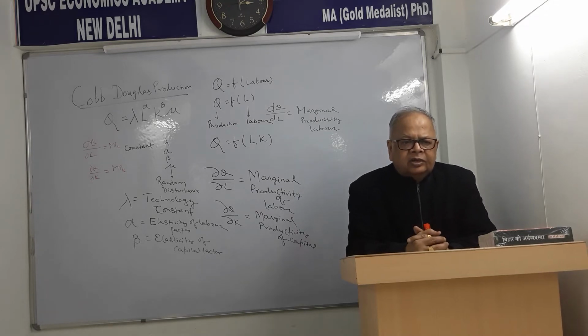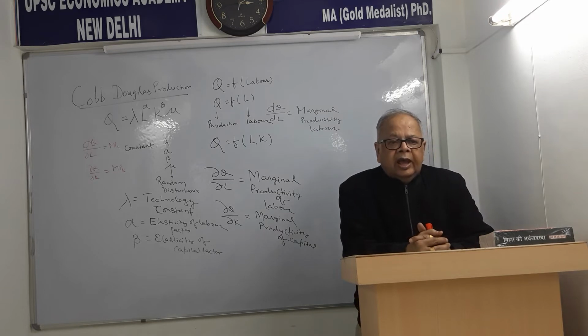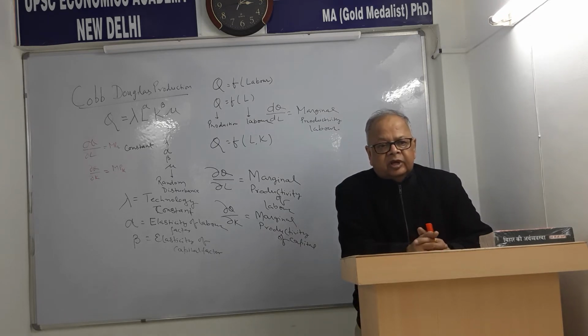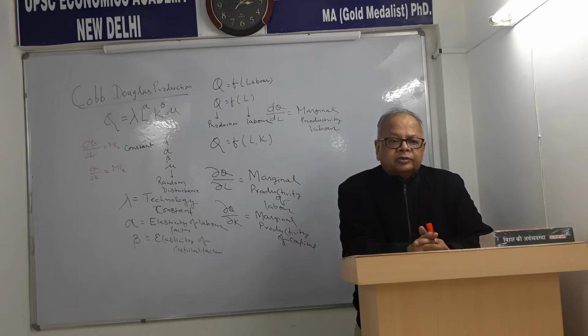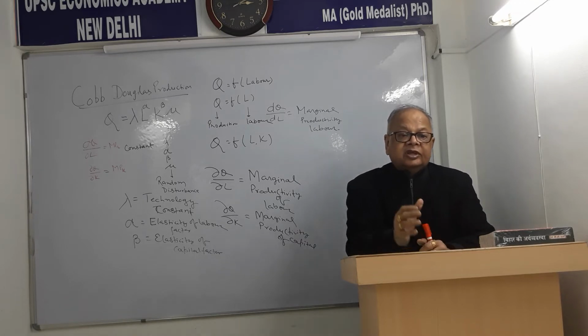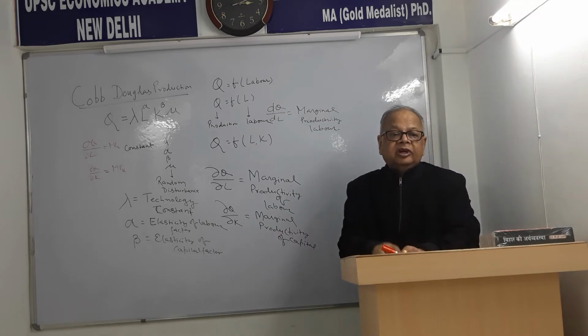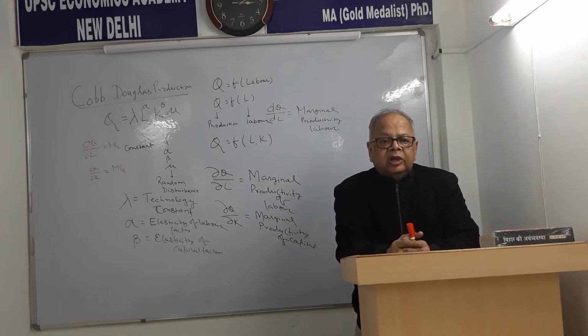Cobb-Douglas production function shows an engineering relationship between input and output. What is production function? Production function is the engineering relationship between input and output. Inputs are labor and capital, and output is production of commodity.